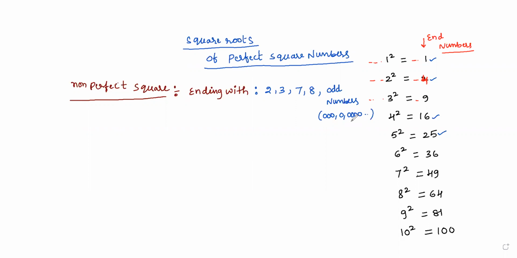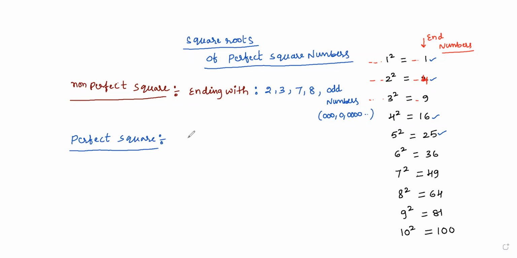Okay, so perfect square numbers do not end with 2, 3, 7, 8, or an odd number of zeros. Then what is the perfect square? According to whatever knowledge I have learned so far, I'm saying that for a perfect square number 100% we cannot say, but we can assume whether it is a perfect square or not.